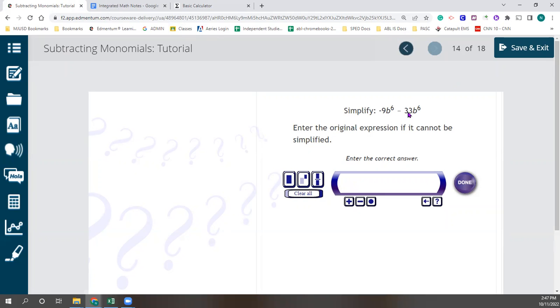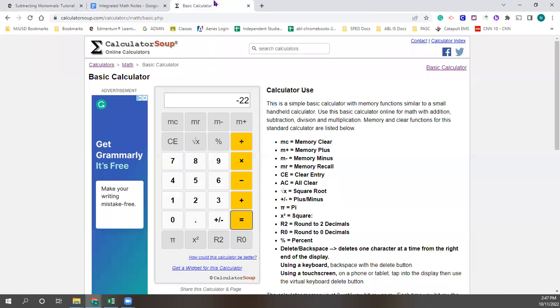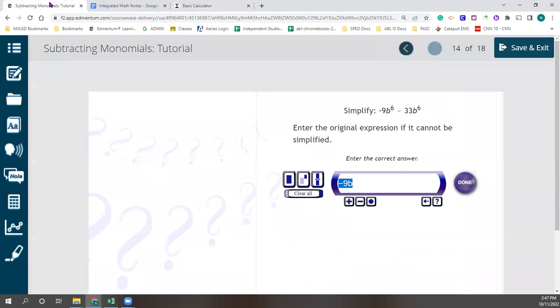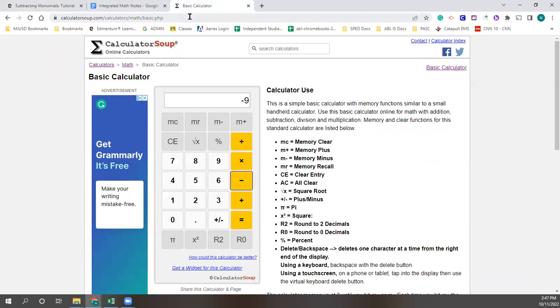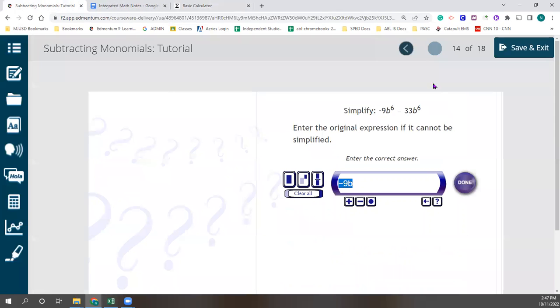Negative 9b^6 minus 33b^6. What's the answer? Negative 9b. Oh, sorry. I got to put it up here. Negative 9 minus 33 equals negative 42.